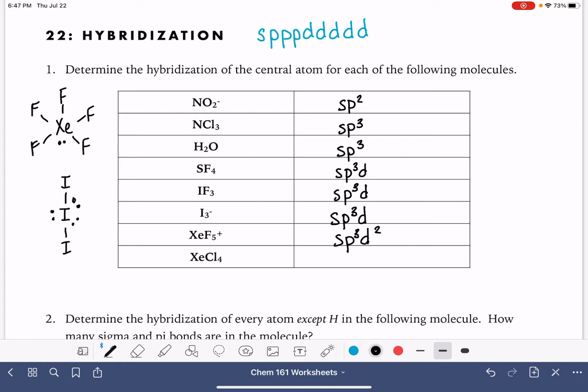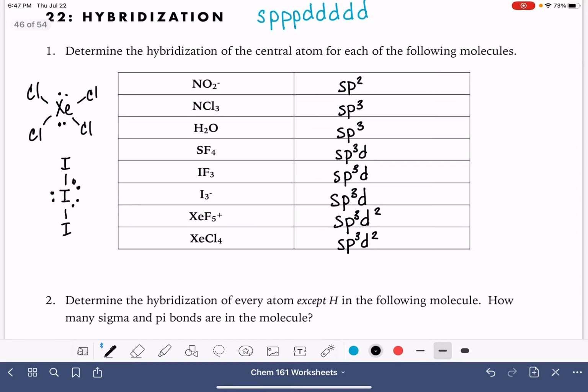And if this was XeCl4, then our Lewis structure would look like this. Still 6 areas of electrons, 1, 2, 3, 4, 5, 6. That's also sp3d2.